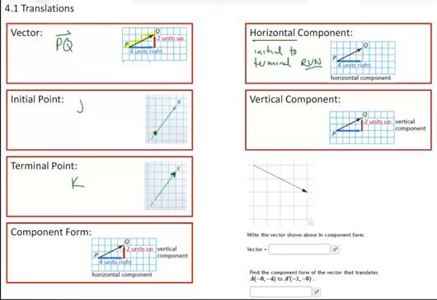So in terms of looking at it as a slope, it's the run. It's the horizontal run of that vector, and then the vertical component is going to be the initial to terminal rise.